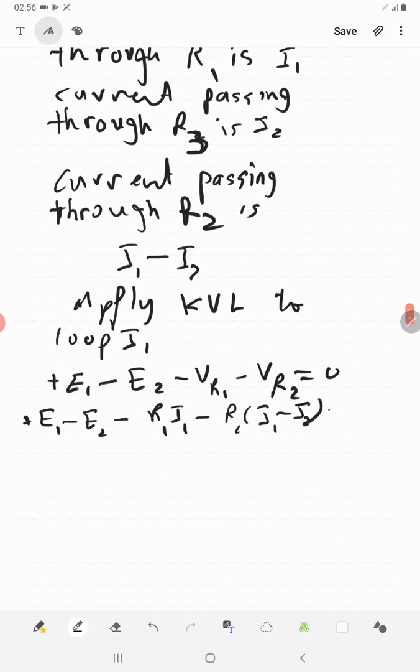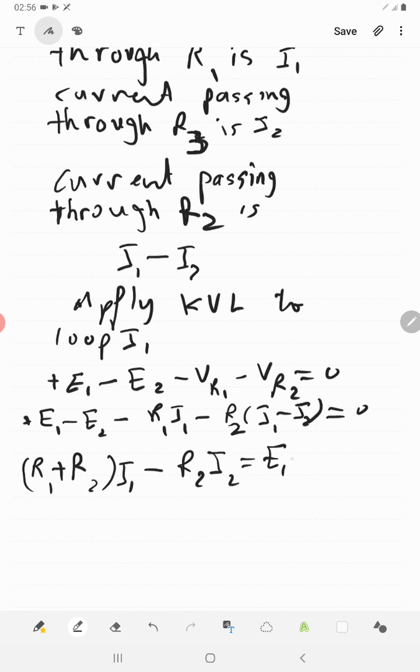And this is equal to 0. Rearranging will give you (R1 plus R2) times I1 minus R2 times I2 is equal to E1 minus E2.